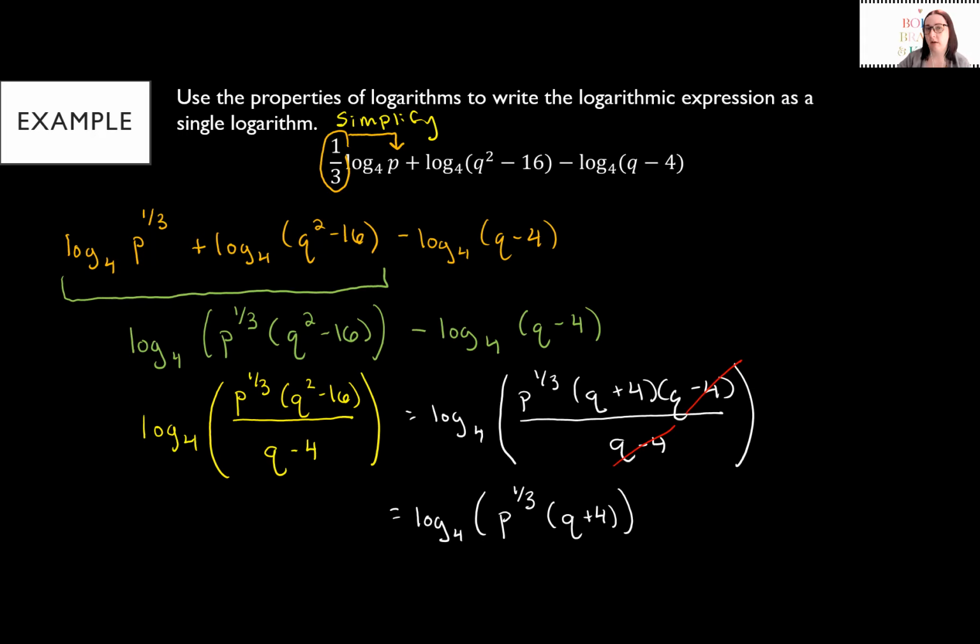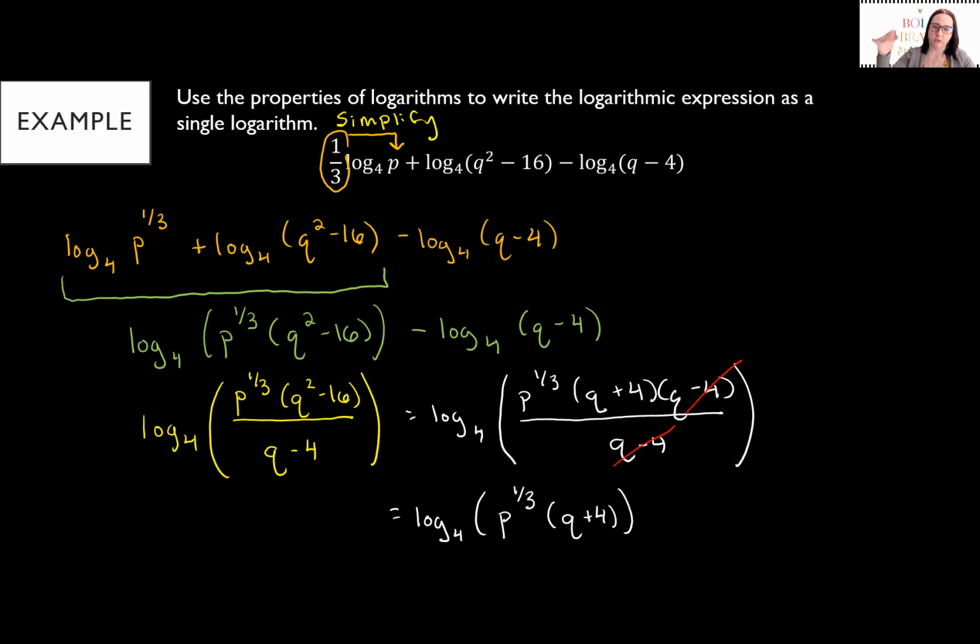So we learned that a square root is equal to the 1/2 exponent. 1/3 is a cubed root. So when you're working with these things, if you see radicals, and we're taking a single logarithm and trying to expand it out, which is the opposite of what we're currently doing, you usually take any radicals, turn them into exponent form, and then you can use the power property to remove all of your exponents on your logarithm.